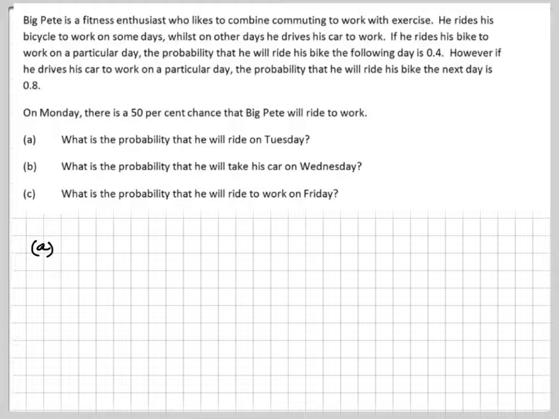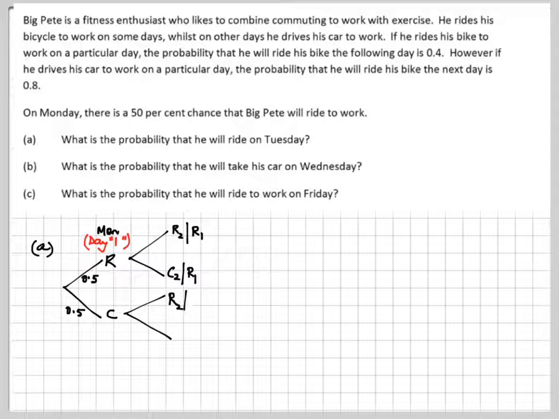Okay, part A. Right, now, we're going to represent this with a tree diagram because that's what we're used to doing. So there's Monday. Big Pete has a 50% chance of riding or taking the car. That's day 1. And day 2, that's riding on day 2 given that he rode on day 1.